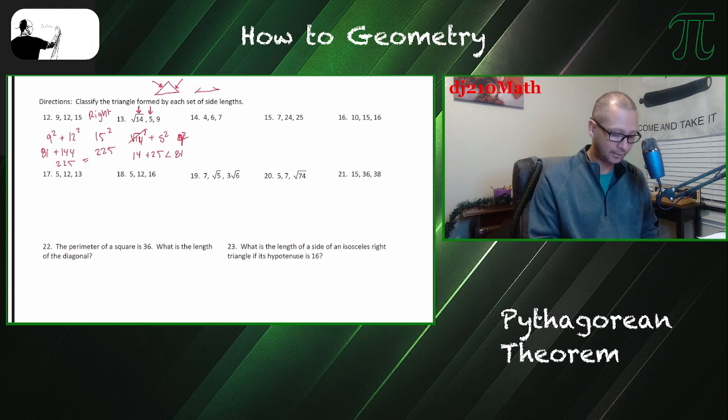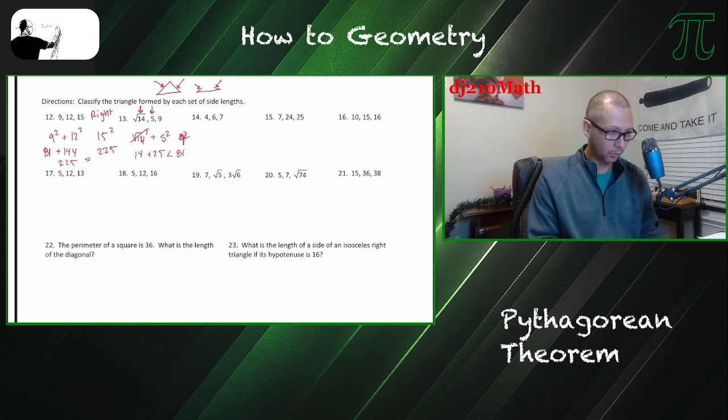If you add them up and they're shorter than the longest side, the legs wouldn't even meet at the vertex. So root 14 is actually 3.7 something, and 3.7 plus 5 is just shy of 9. So this is not a triangle.